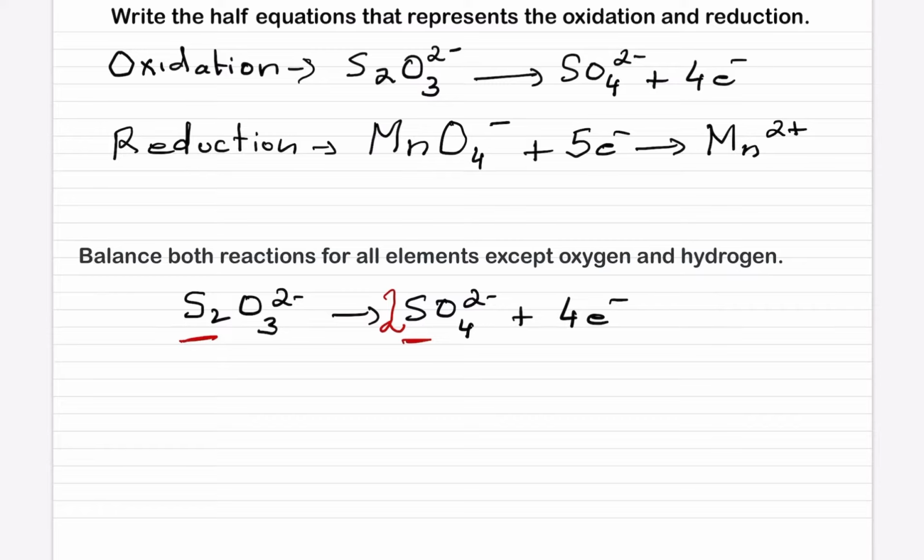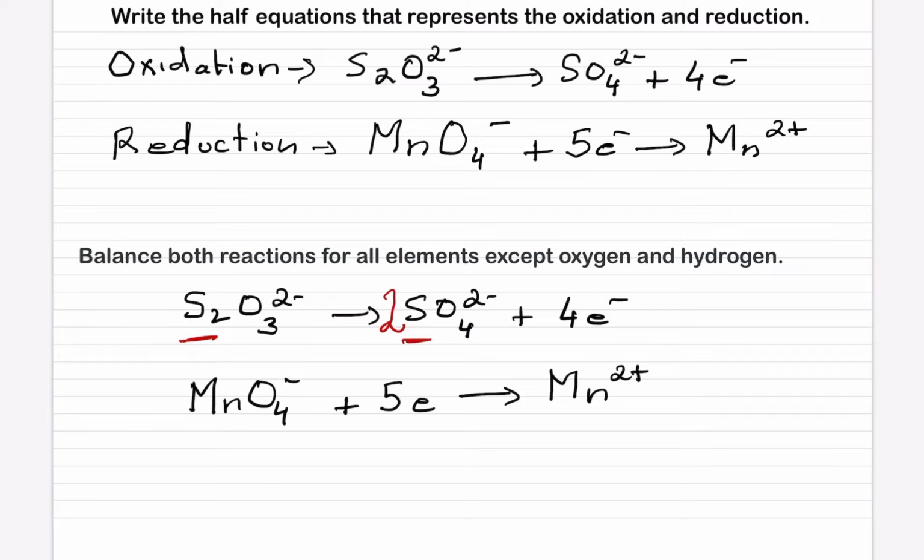Now let's move on to the reduction reaction. Let's write it down. MnO4 minus plus 5 electrons will yield Mn2 plus.